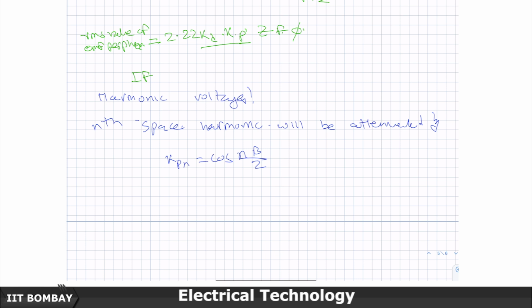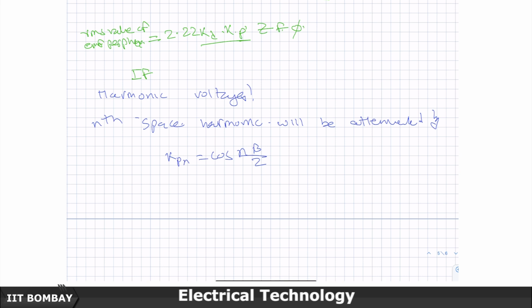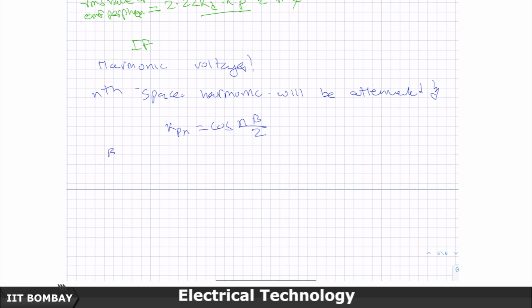So, this should give you some idea about what exactly we are trying to do. For example, suppose that this beta is 30 degrees.